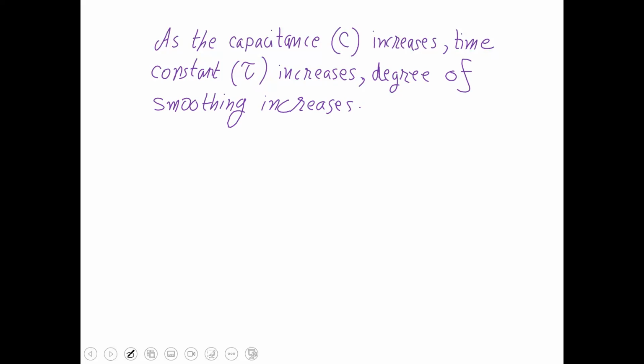So it means if you use a big capacitor of high capacitance, the output is very smooth. Even it can be a steady output.